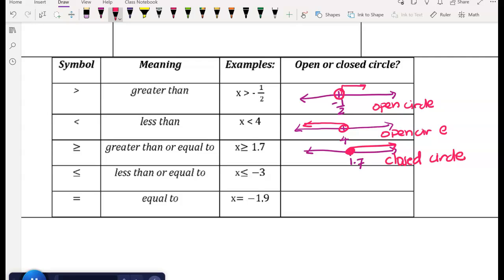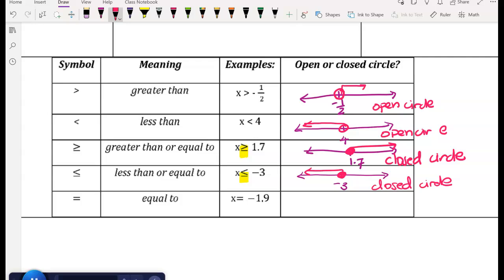The next one is less than or equal to, so we are going to draw a number line. And -3 is right here. Again, it's a closed circle. The reason we know it's closed is because there's an equal sign below here, and it's less than or equal to, so that allows us to go all the numbers on the left side, and we need to know this is a closed circle for us.